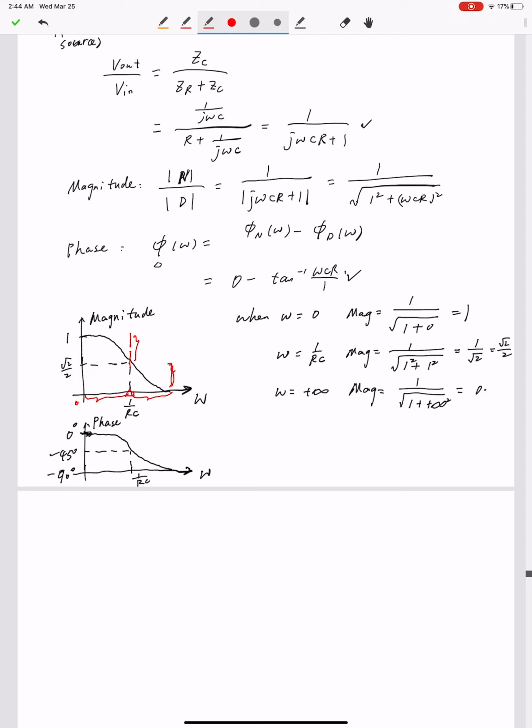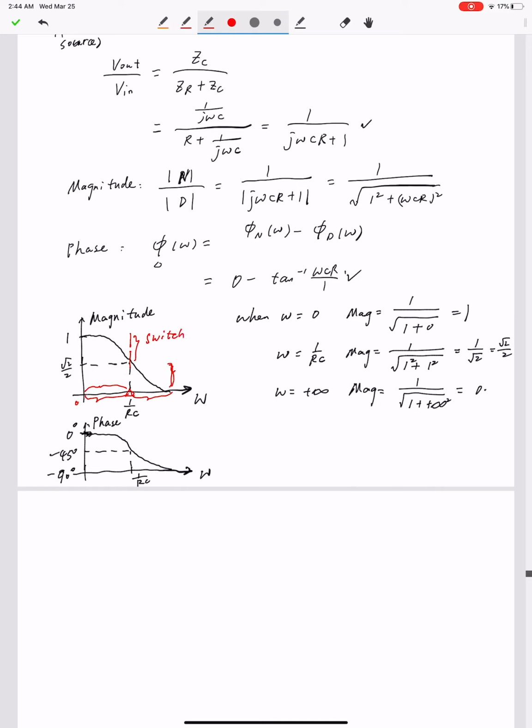What that means is, if you have an input signal within 0 to 1 over RC, the signal can pass this filter because the magnitude is high. You can imagine this low-pass filter as an adaptive switch.